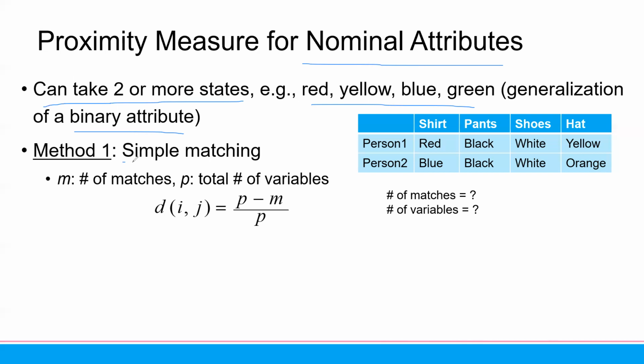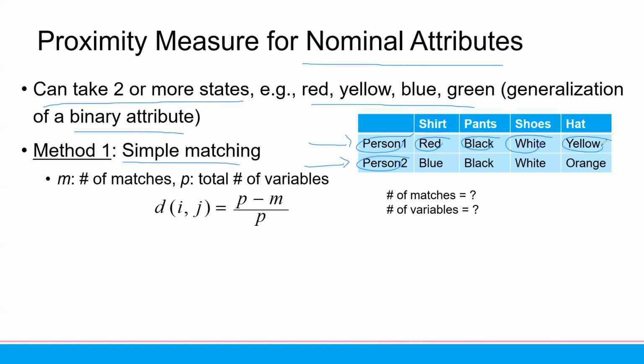Let's say we are doing the simple matching. Okay. So this is the example or the instance. We have person 1, person 2. And person 1 is wearing a red shirt with black pants and white shoes and a yellow hat.